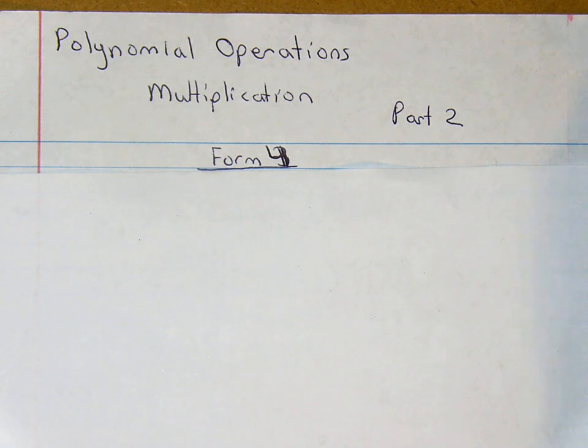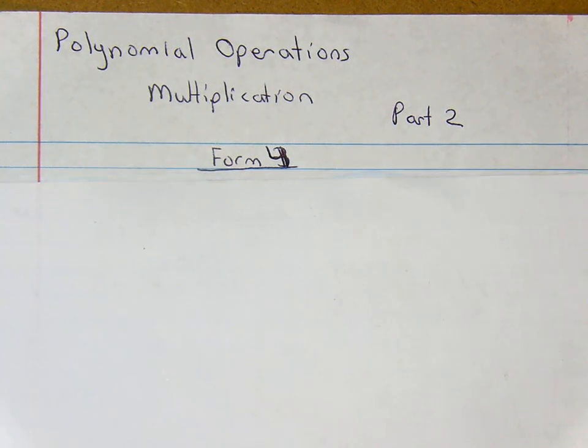And so if you know, like 3 times 4 is 12, 12 divided by 4 is 3. So that kind of concept of being able to go forward and backwards between multiplication and division stands true even with polynomial operations of multiplication. So this next form here is going to be helping to set you up to practice division of polynomials.